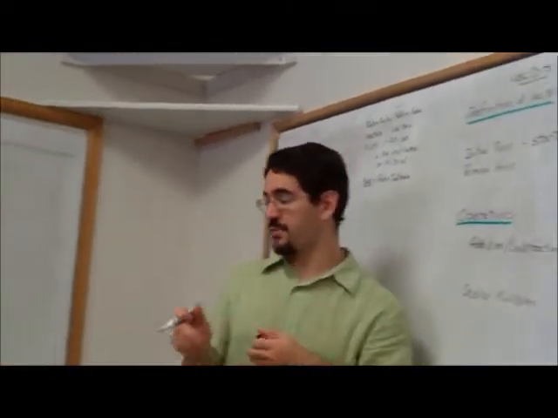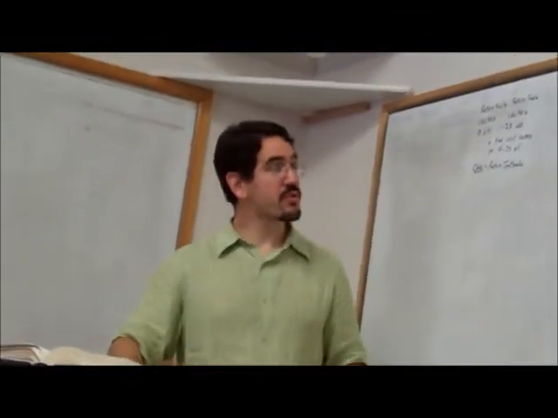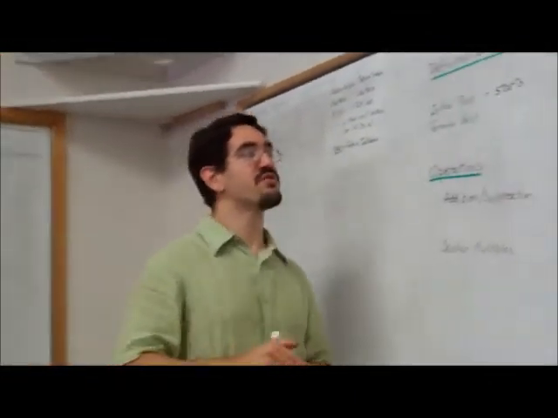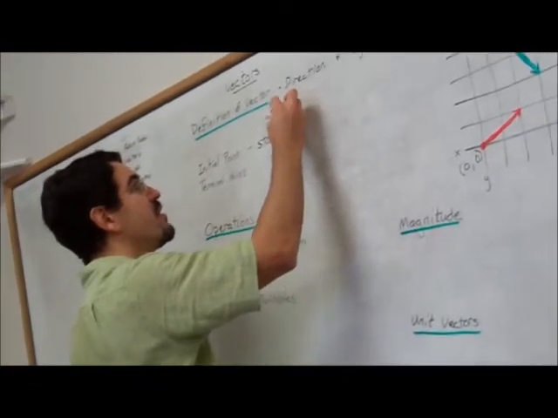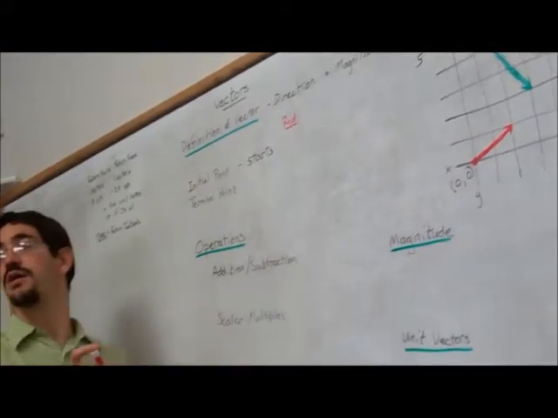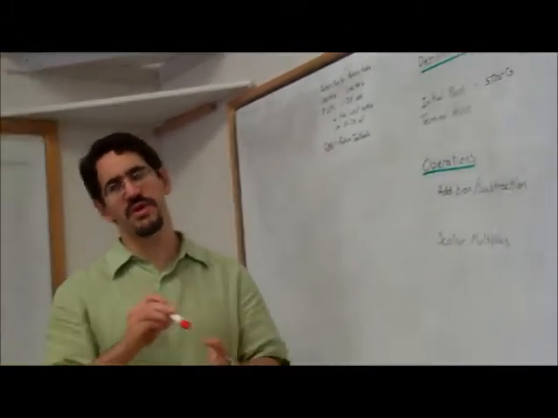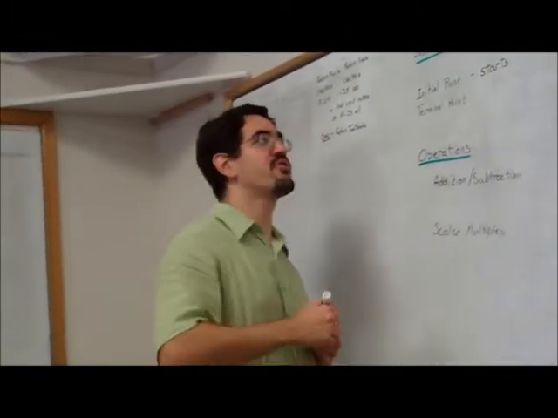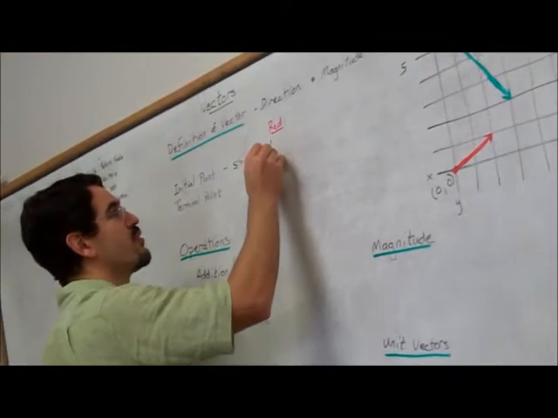So looking at this grid up here, we have a red vector. What is the initial point of the red vector? 0, 0, also known as the origin.